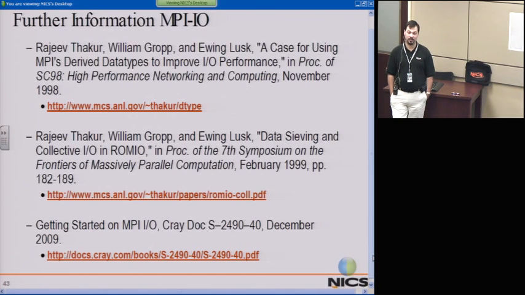Within the library itself, it does use derived data types, because you have to give information to HDF5. It knows what your data arrays look like and what their dimensionality is. So I don't know if it buys you anything to go down to the MPI-IO layer to start doing derived data types and things of that nature. I don't know if I can answer that any better than what I just did.